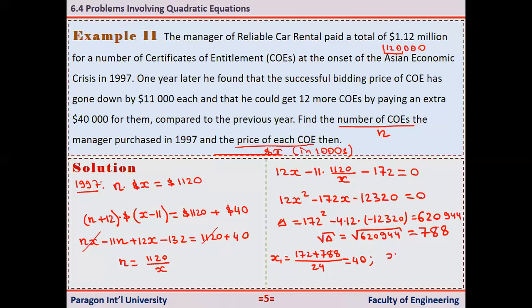And x2, you can evaluate here: 172 minus 788 is less than 0. Since x is the price of this certificate, we do not use a negative number, so this answer is rejected.